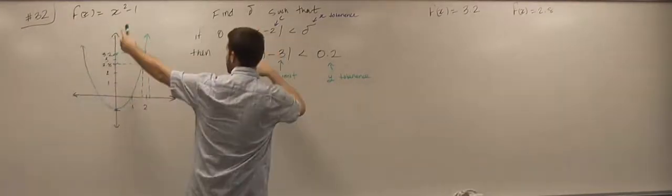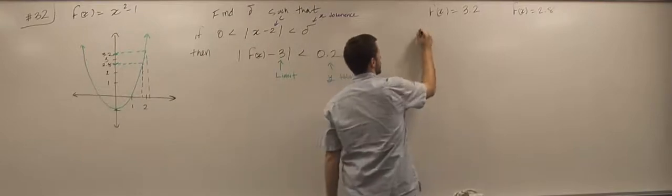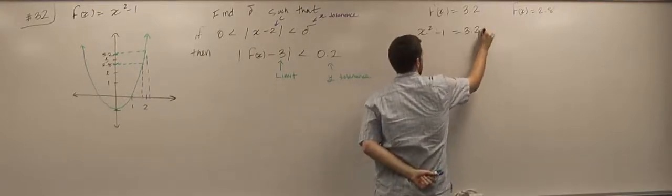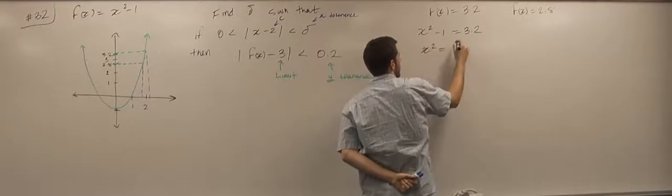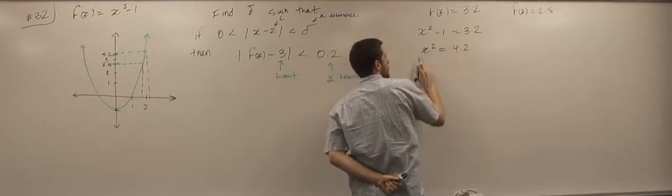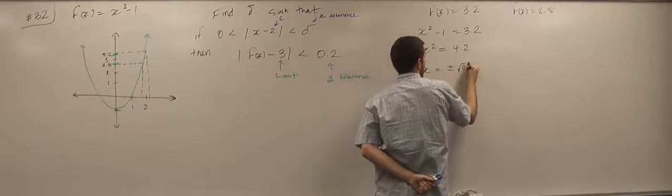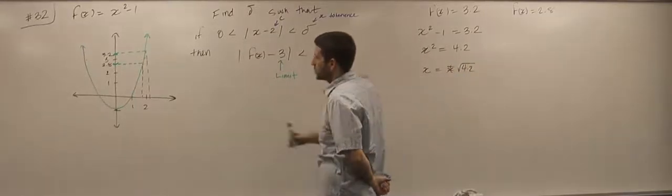But I know what f of x is. It was given to me. So x squared minus 1 should equal 3.2. X squared equals 4.2. Square root both sides. X equals plus or minus root 4.2, although the minus is stupid because we're not over here.